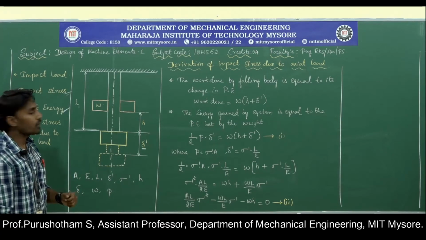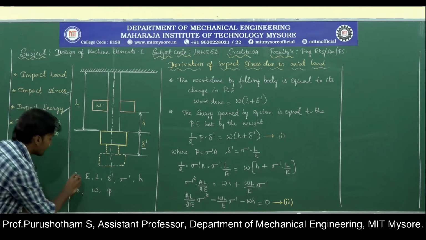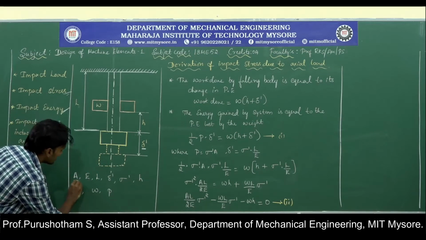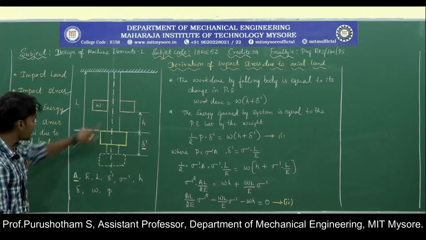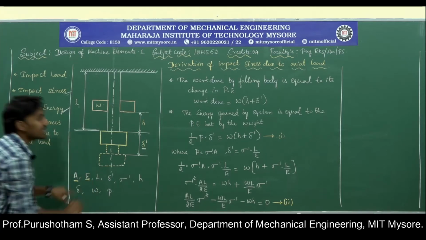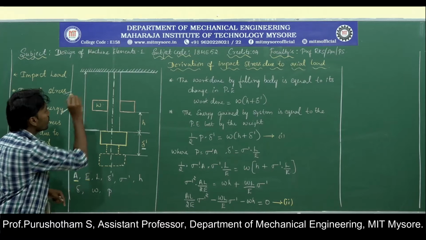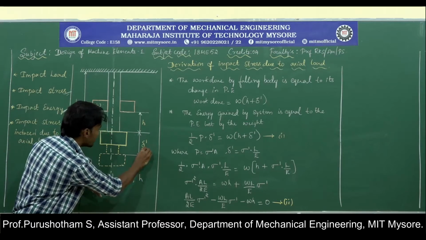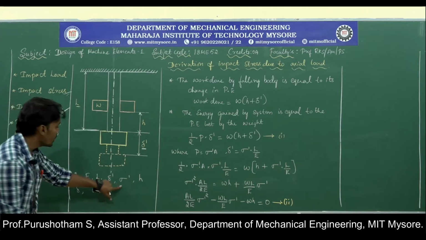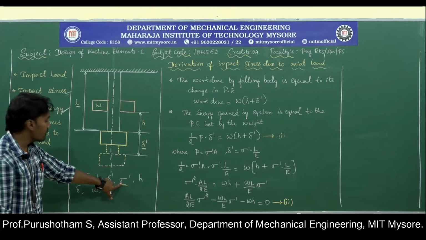For the derivation purpose, we need to be aware of some symbols. I am going to use the notation A, that is cross sectional area of the vertical bar, E means Young's modulus of the vertical bar, L will be the length of the vertical bar, delta dash is the instantaneous deformation due to impact load, and sigma dash is the stress induced due to the impact load.